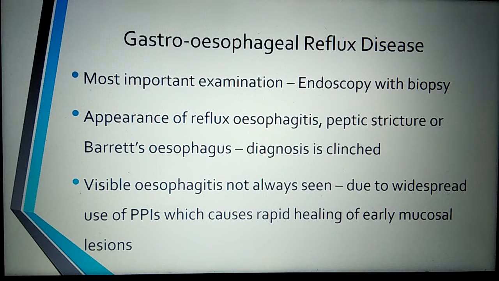Barrett's esophagus, you all know: normally the lining of the lower esophagus is squamous, and if that has changed to columnar epithelium, that is known as Barrett's esophagus. Later on we'll discuss it in detail in the next interaction.